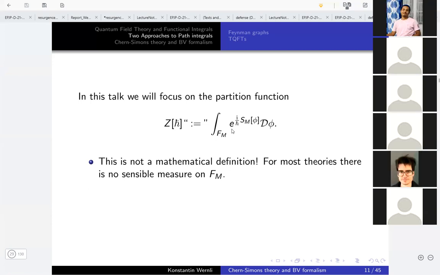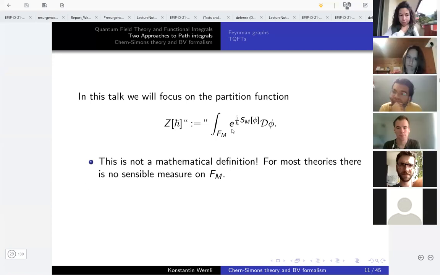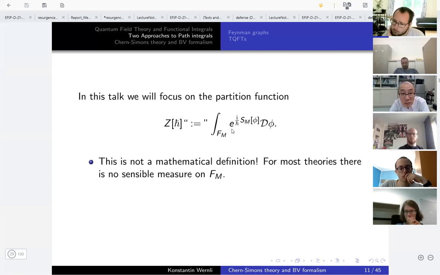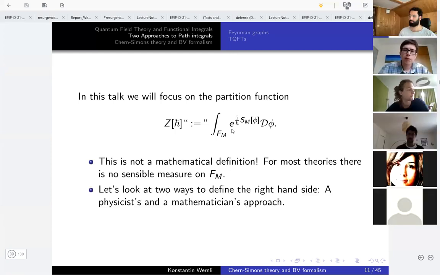Usually we think about integrals in a measure theoretic way, but this approach seems to not work for these functional integrals. So I'm going to briefly look at two ways that I could define this path integral, and I will call them a physicist's and a mathematician's approach, but obviously I'm generalizing.